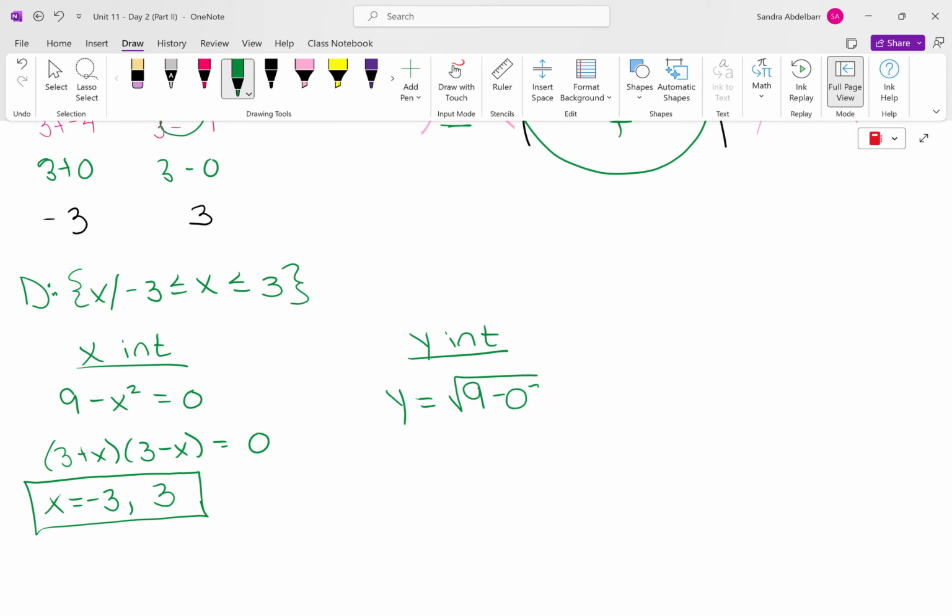Now our y-intercept. We have y is equal to the square root of 9 minus 0 squared. So y equals the root of 9. All right, so you get y equals plus or minus 3. I will tell you the negative will reject, and I'll tell you why in a minute or so. But just know the negative will reject.